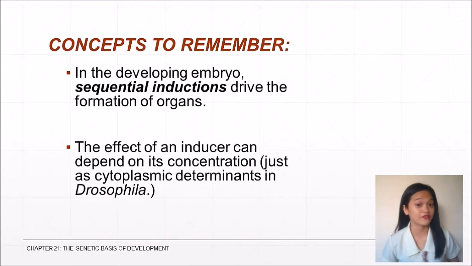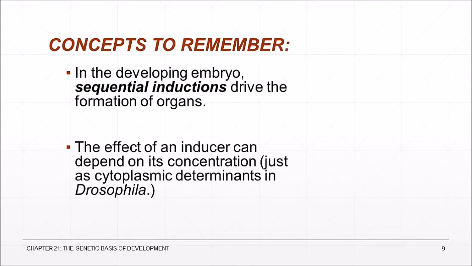These two examples of induction during nematode development illustrate a number of important concepts that apply elsewhere in the development of C. elegans and many other animals. First, in the developing embryo, sequential inductions drive the formation of organs. Second, the effect of an inducer can depend on its concentration, just as we saw with cytoplasmic determinants in Drosophila.